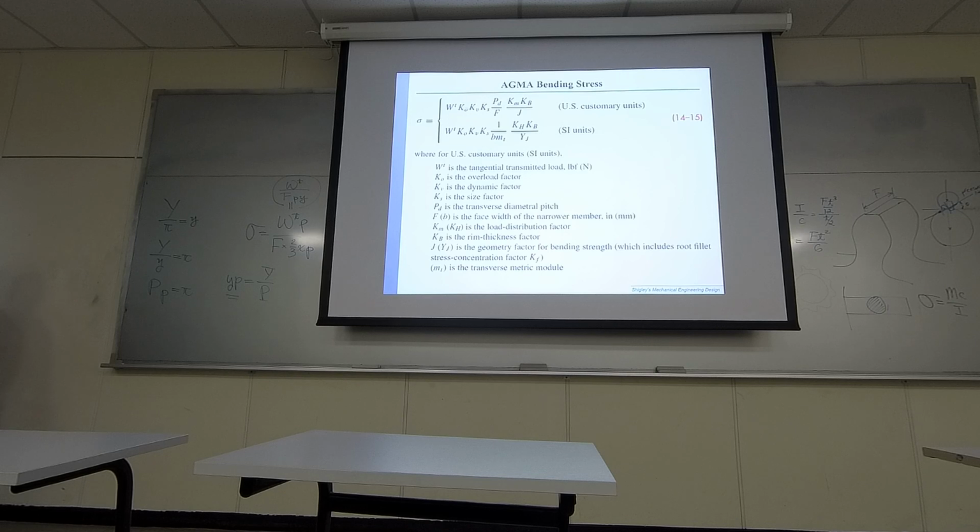So if you ignore the multipliers and take a look, it's like capital W times capital P over capital F over J, or capital W over B and Y. Okay, so B and module has no dimension.